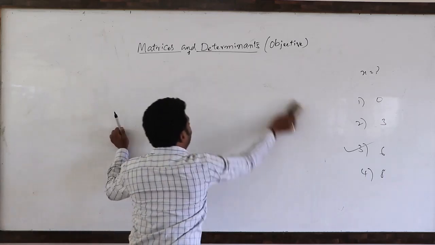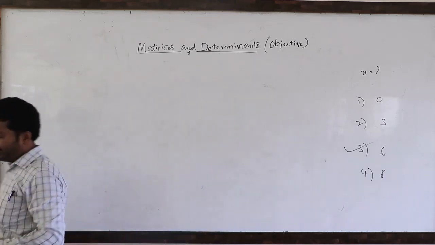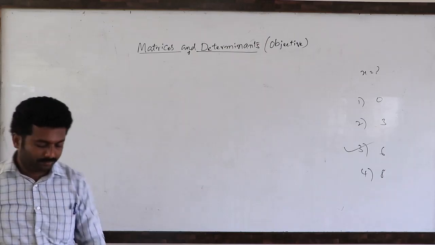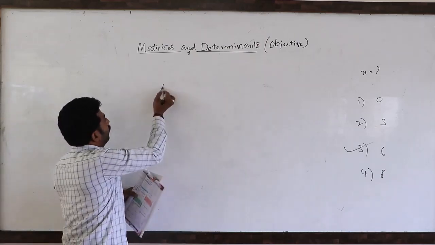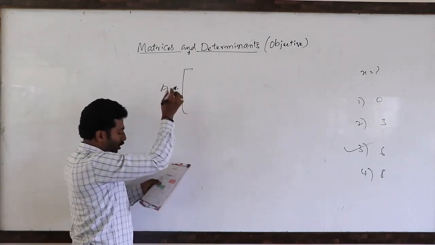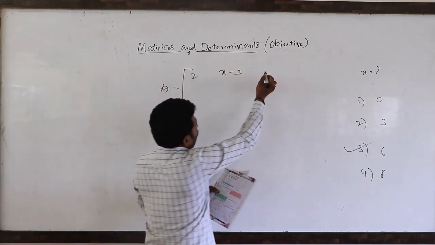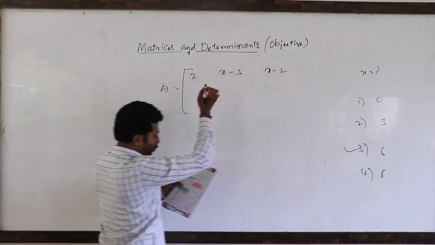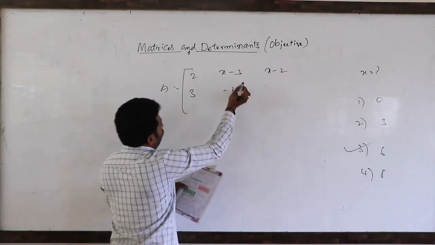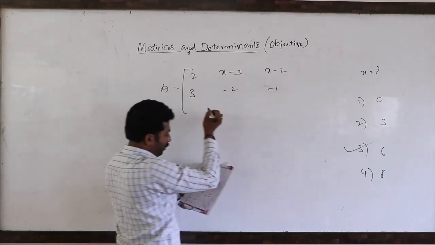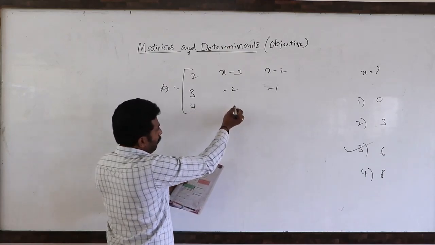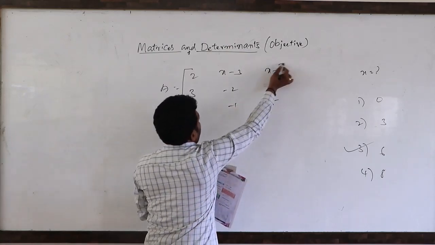There is also one more method to answer this question. What is the question they are asking? See here, A equal to the matrix 2, x minus 3, x minus 2, 3, minus 2, minus 1, 4, minus 1, minus 5.